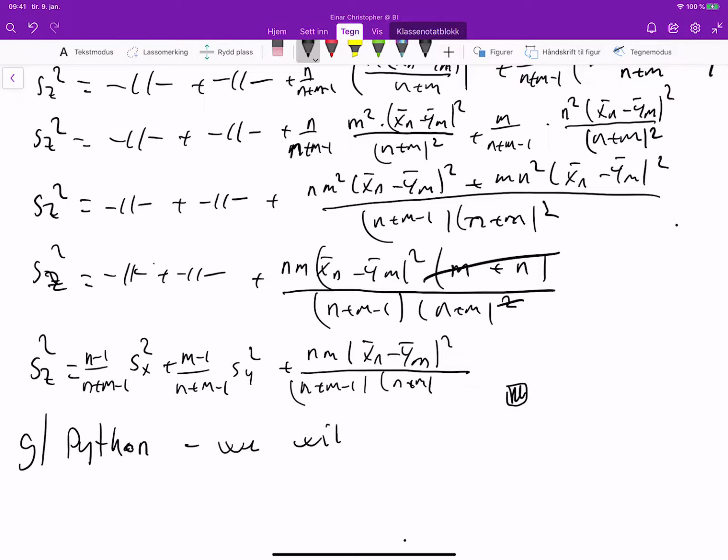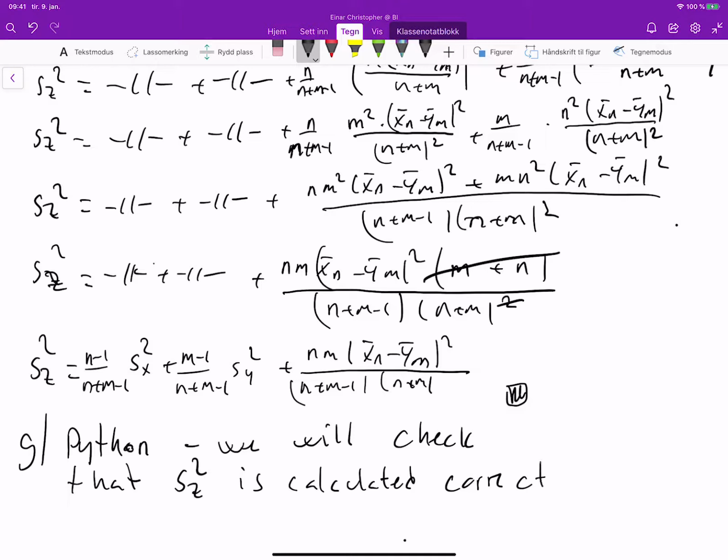We will check that s set to the power of 2 is calculated correctly by implementing the right side. Okay, let's go to Python. So we do that like this.